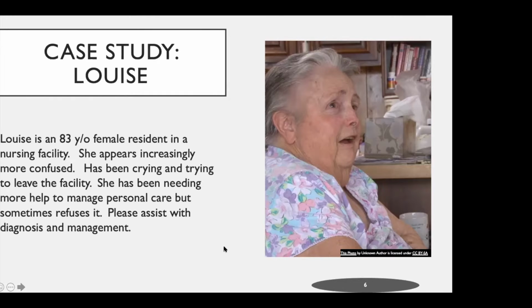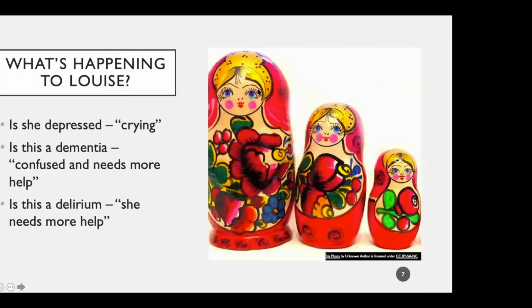Next slide. And supposing it lands on your desk, what's happening to Louise? Is she depressed? Because she seems to be crying a lot more. Is this a dementia or a worsening of her dementia because she seems confused and needs more help? Or is this a delirium? Again, she needs more help and she's confused.